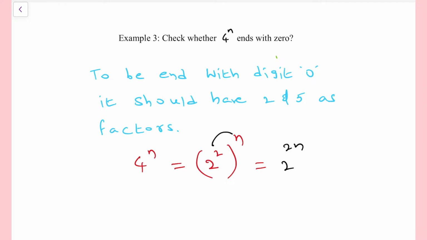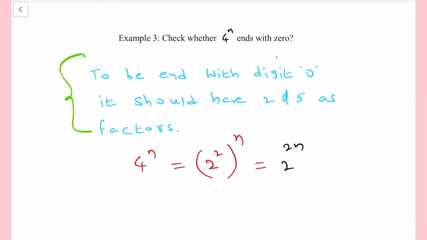Now according to these lines, to end with the digit 0, it should have 2 and 5 as factors. So for any number, if you do prime factorization, 2 as well as 5, I repeat, 2 and 5 both should be there, and only then will it end with the digit 0. Now if we observe this clearly, here number 2 is there but number 5 is not a factor.